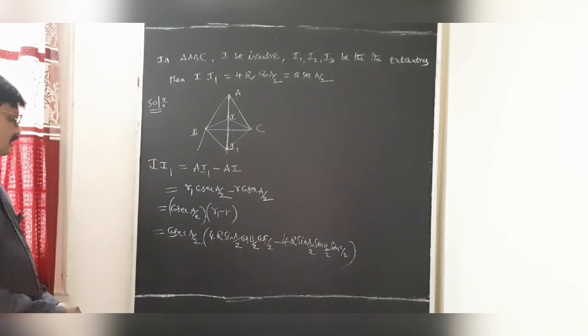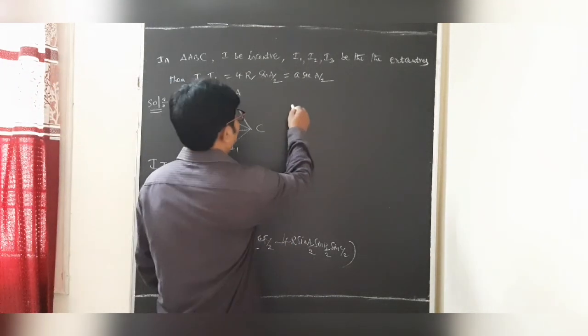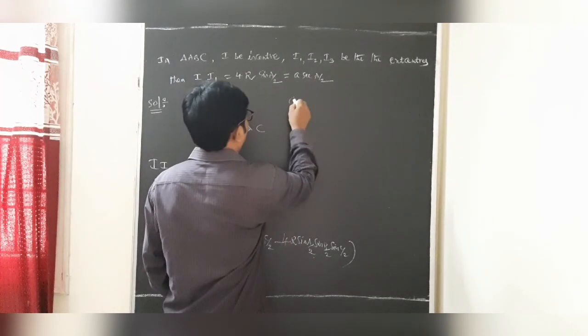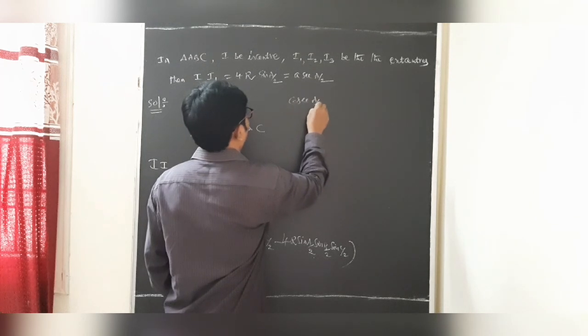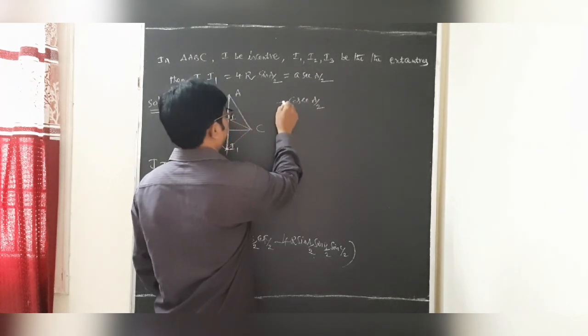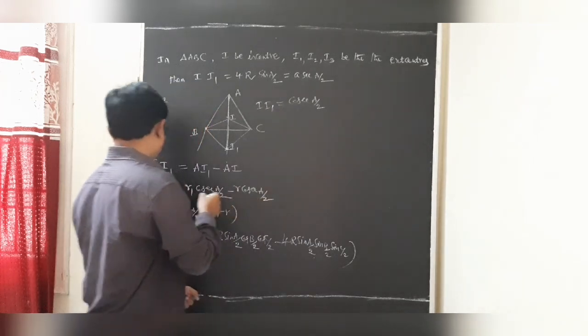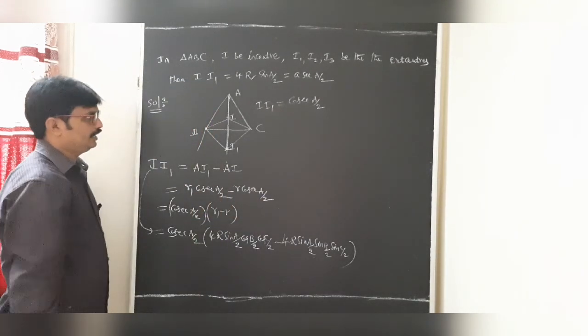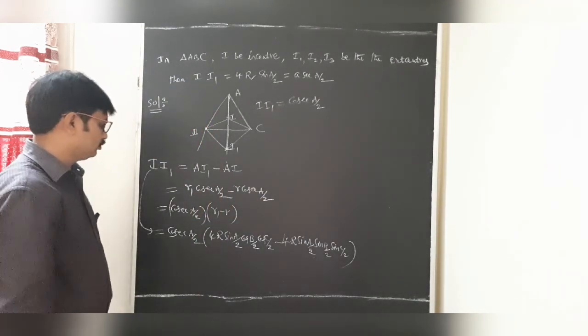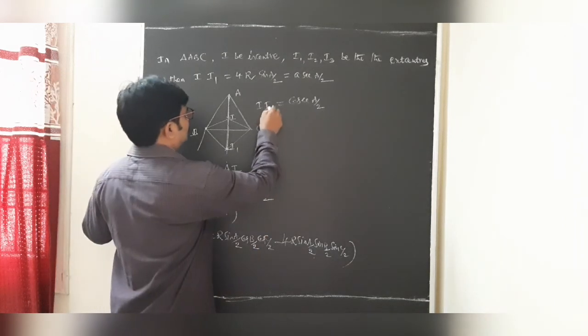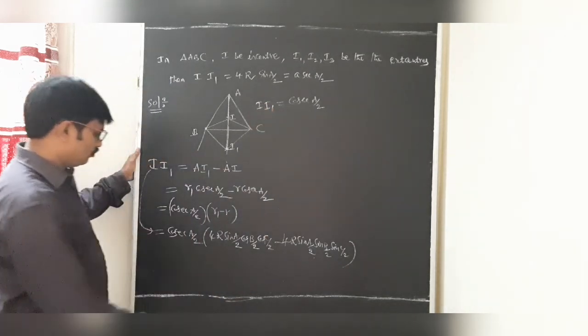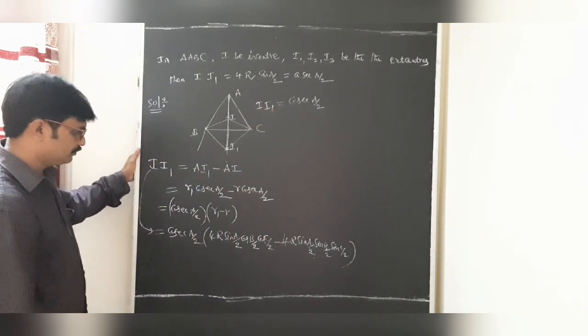Dear students, right now we are taking the cosecant, the distance between I and I1. Cosecant A by 2 is the common factor.